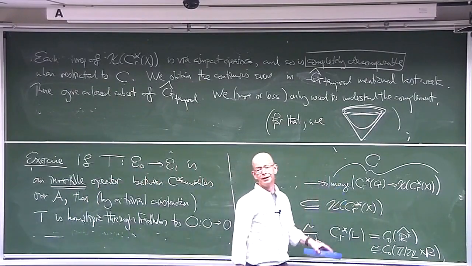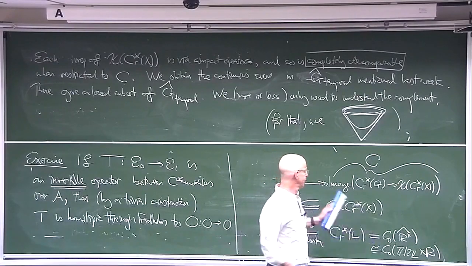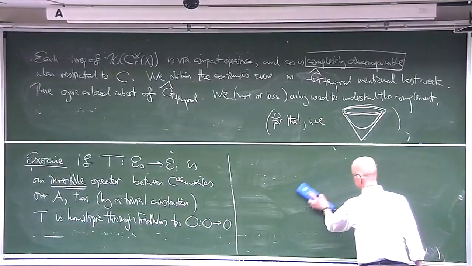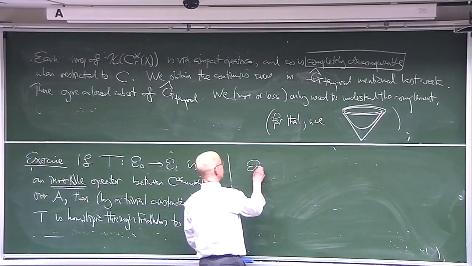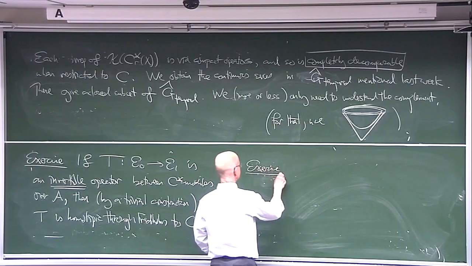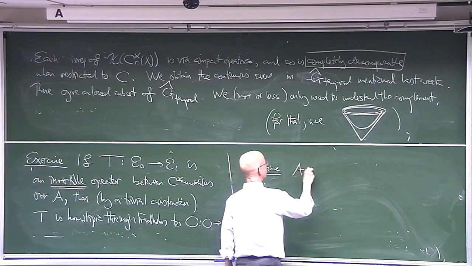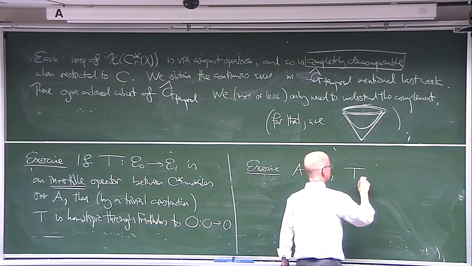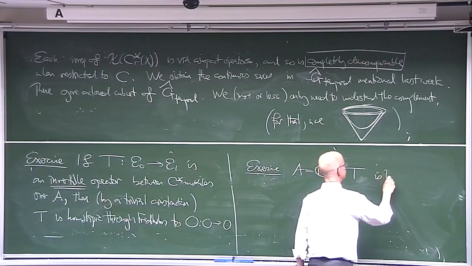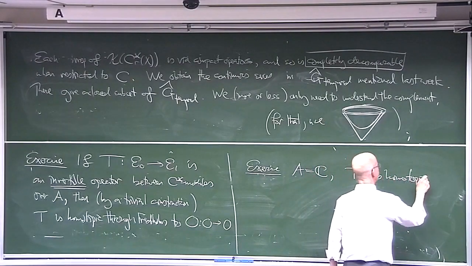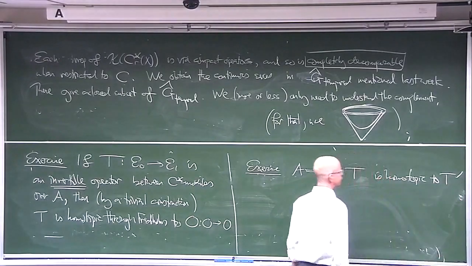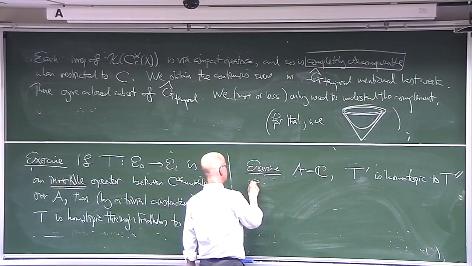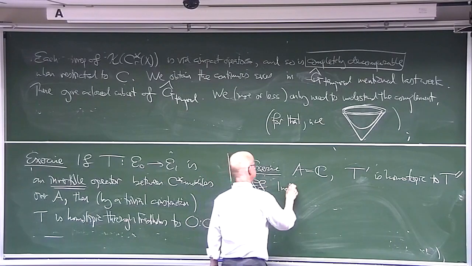Oh, one more exercise. You may say, good heavens, if you can just homotope things away like that, maybe Kasparov just defined the 0 group. So another exercise is that, if A is the complex numbers, then T is homotopic to another operator T prime through Fredholm operators if and only if they have the same index.